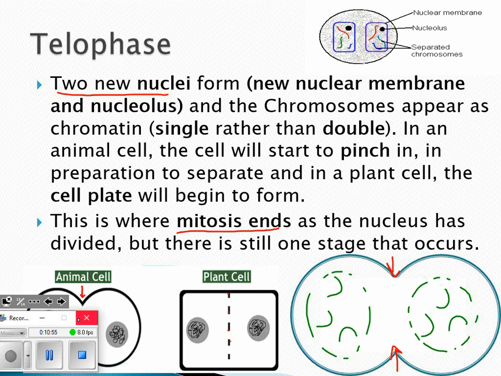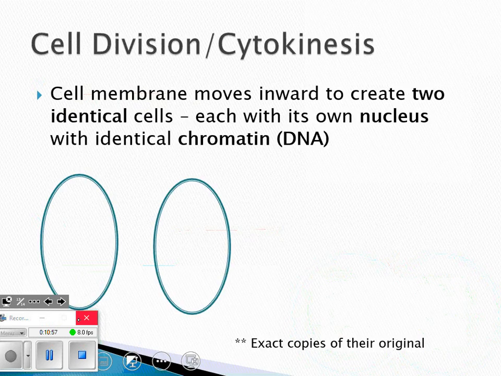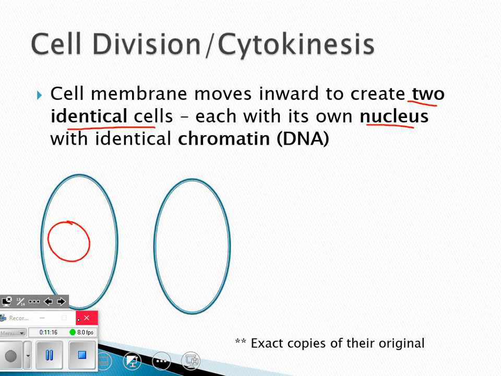and then the only thing left is to actually split the cell into two identical pieces. So this is cell division or cytokinesis. So we split that cell and you end up with two identical cells, each with their own nuclei or nucleus. Okay, so again, the nucleus would be reformed and that DNA would start to unwind again.